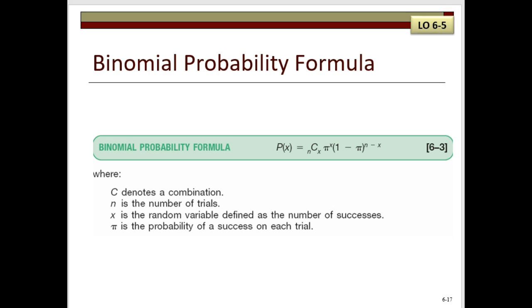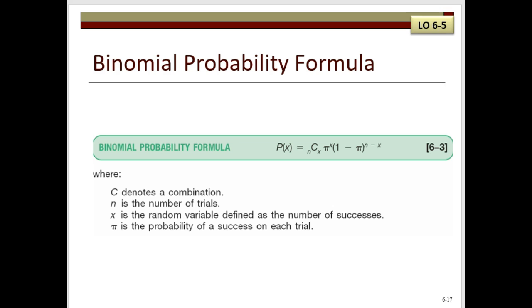For a binomial experiment, the probability of observing a certain random number x, given the probability of success p and the sample size n, can be computed using the formula shown here. The formula contains three components. The first component represents the number of combinations x items can be taken from n trials.